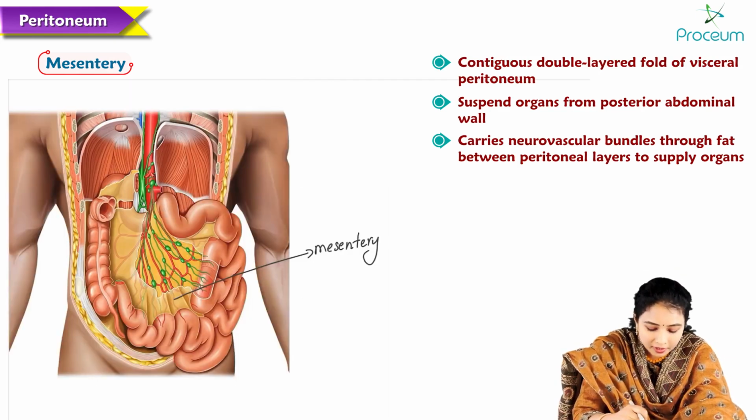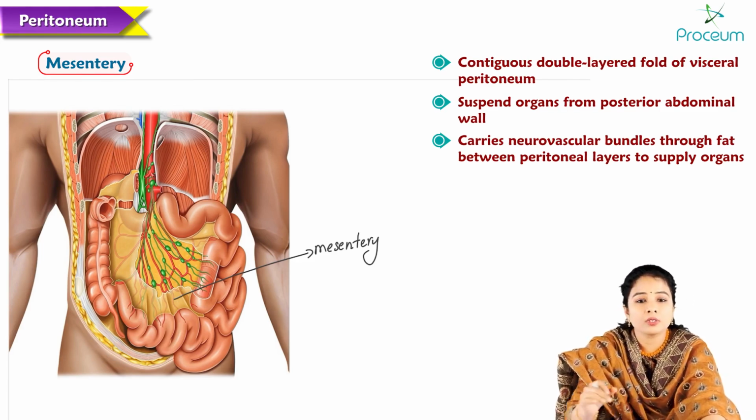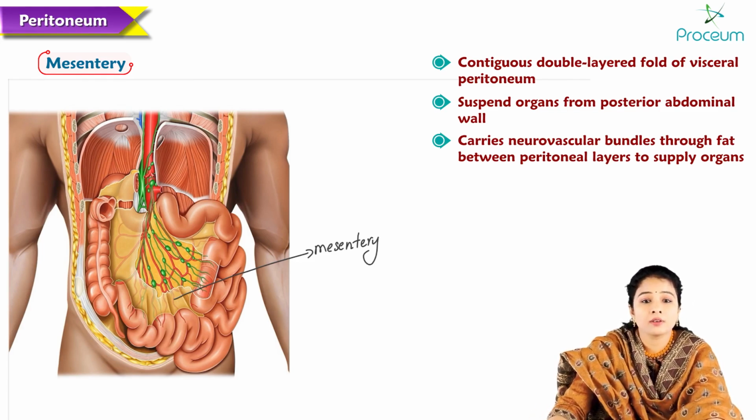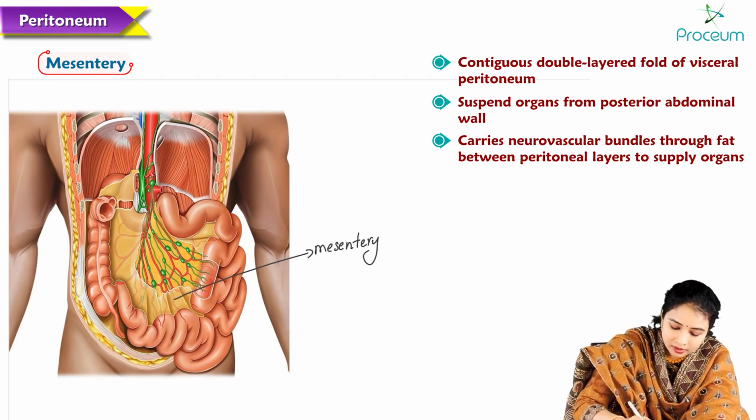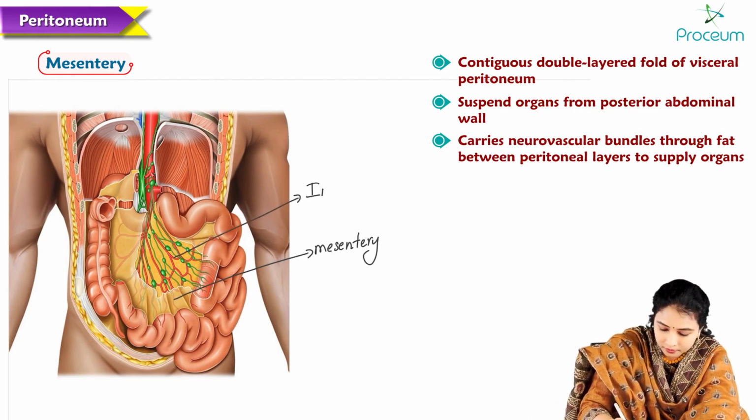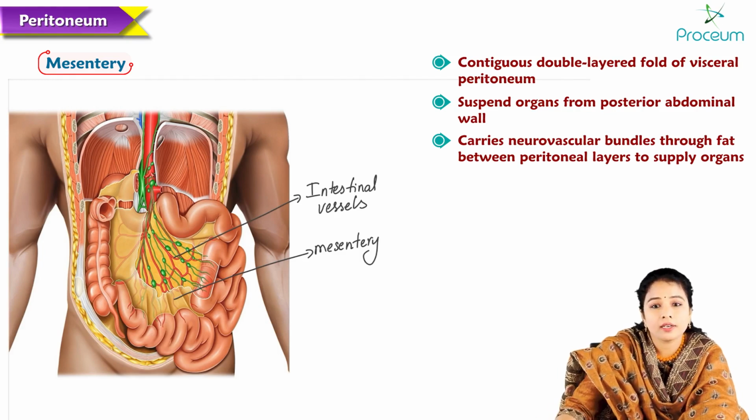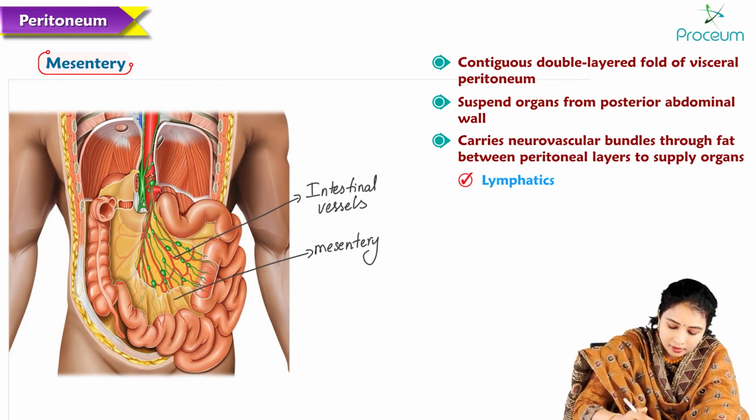So from the anterior view, this is the mesentery where a part of mesentery, the layer of mesentery is removed to expose the contents. So the mesentery contains vessels, intestinal vessels, and it contains lymphatics. So the green colored structures are lymphatics.